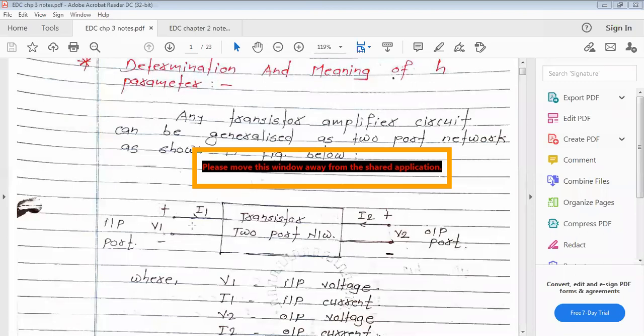Okay, so we are having input terminal, we are having output terminal.